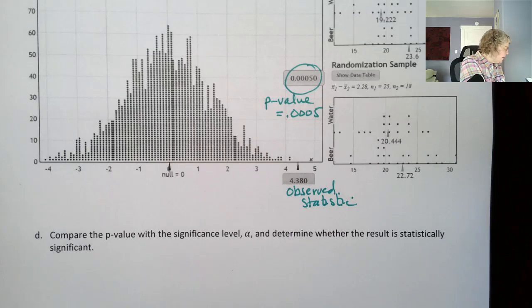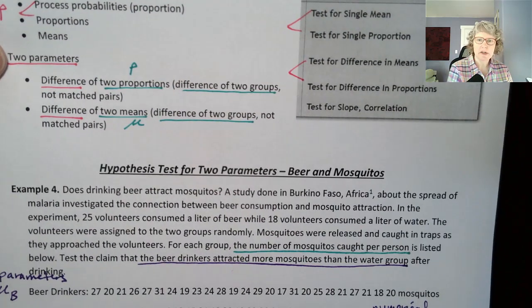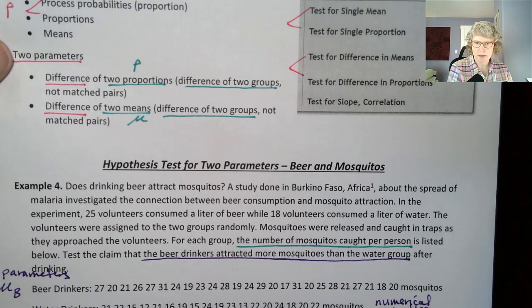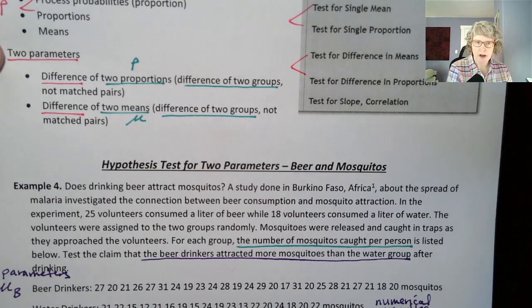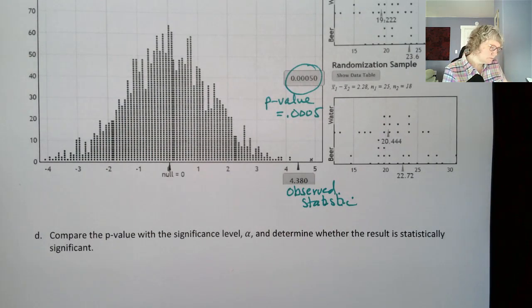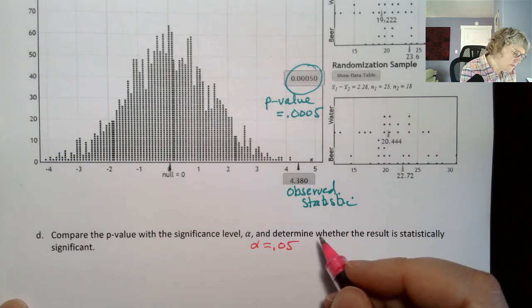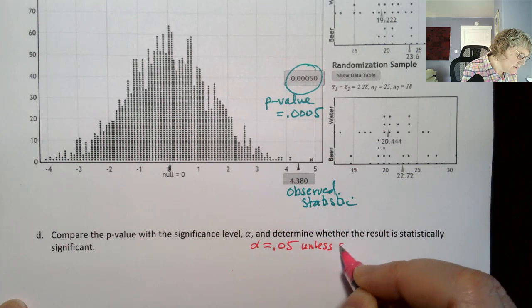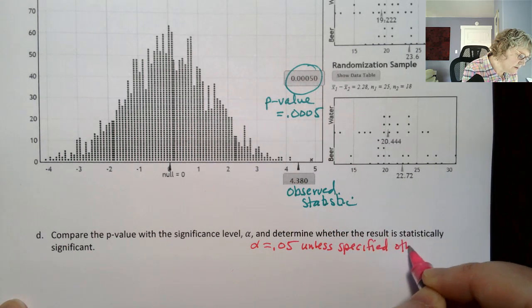Okay, now I'm going to go back and see, was there an alpha given? I don't remember one. It doesn't say test at the blank blank level, right? So we're going to use 0.05. That's the most common level used. Alpha equals 0.05 unless specified otherwise.